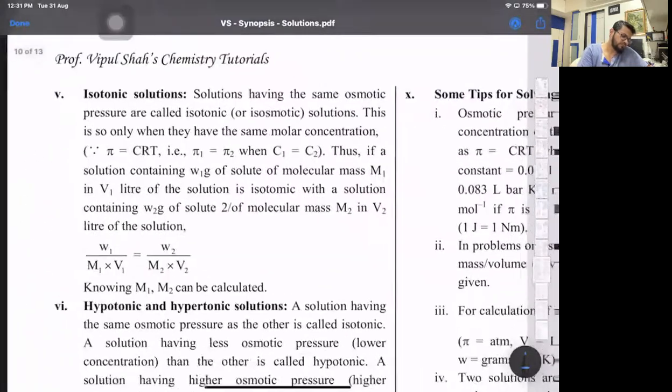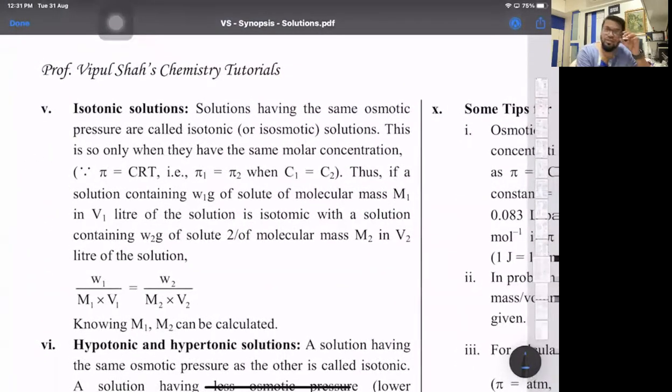Then isotonic solutions. Isotonic solution is what? Isotonic is basically across the semi-permeable membrane, we will say the molar concentrations are identical. So whenever I say the word isotonic solutions, C1 is equal to C2. They have the same molar concentrations.